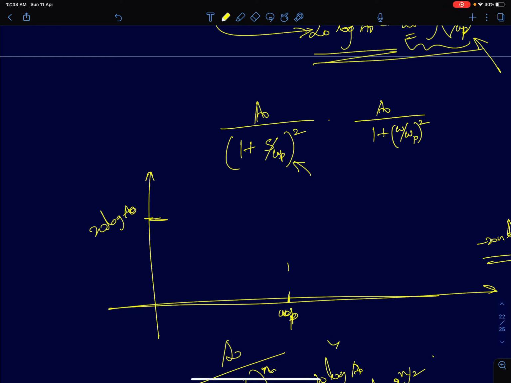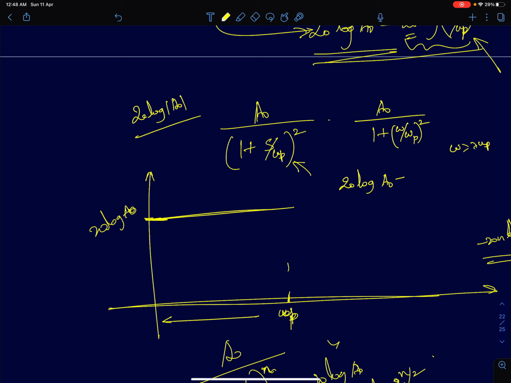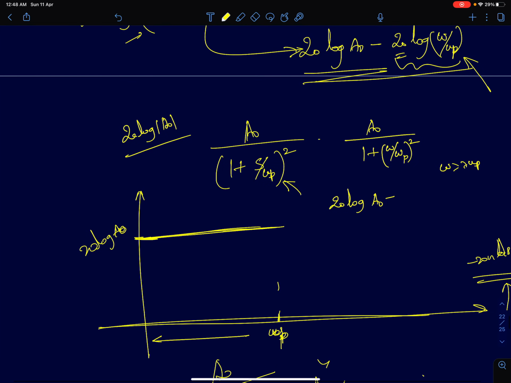Now if I express it in decibels, you will get 20 log a0 minus, I am going to talk about frequencies much greater than omega p. For frequencies much less than omega p, this is going to be just 20 log a0 itself, so that I can show it as a straight line here. For frequencies less than omega p, it's going to look like a straight line. For frequencies much greater than omega p, I can ignore 1.